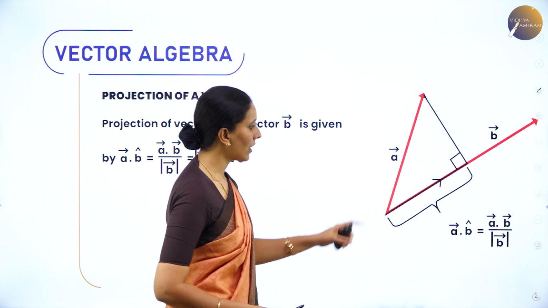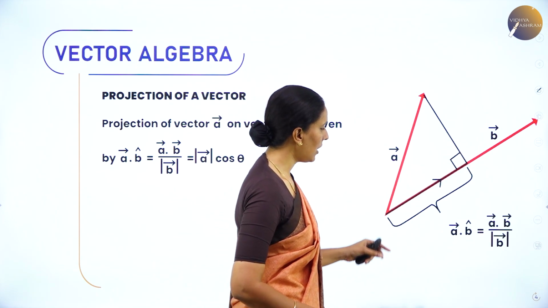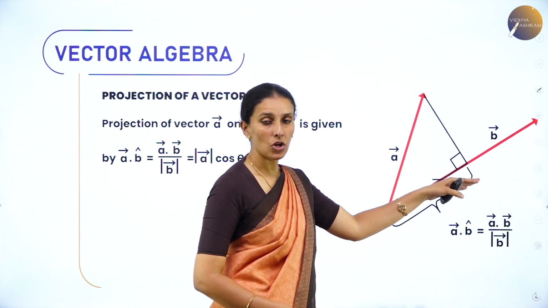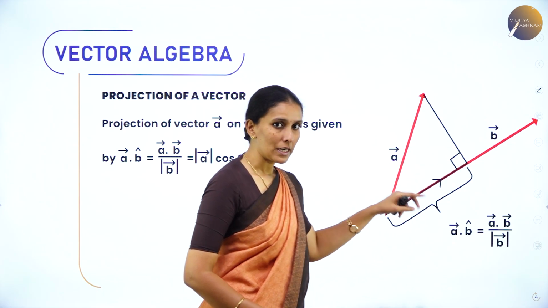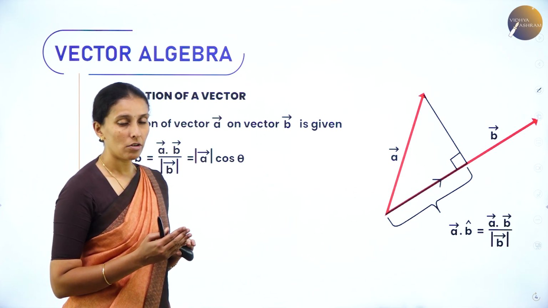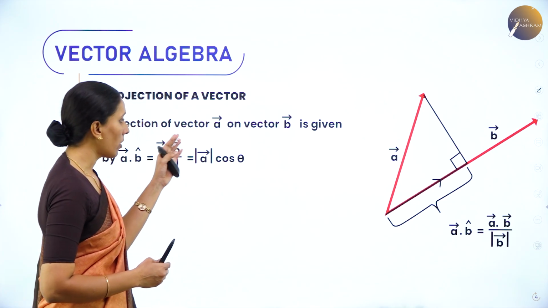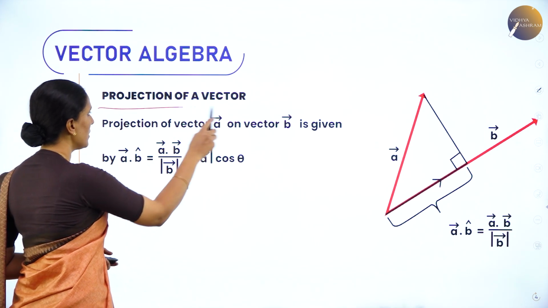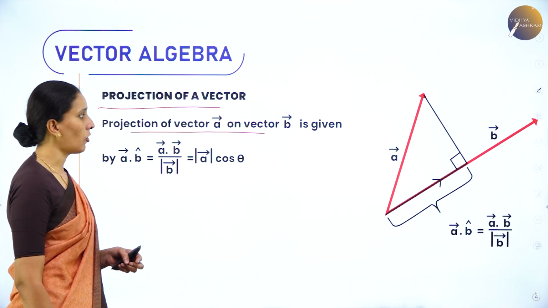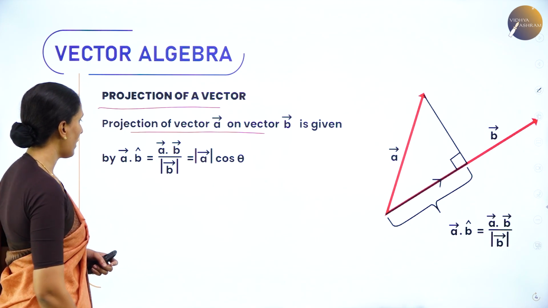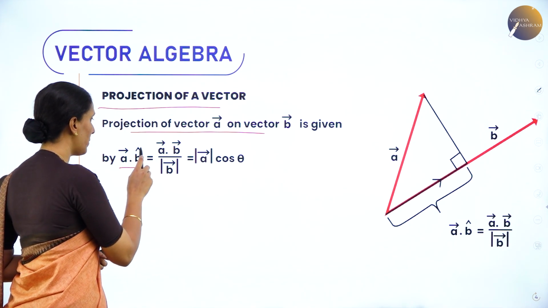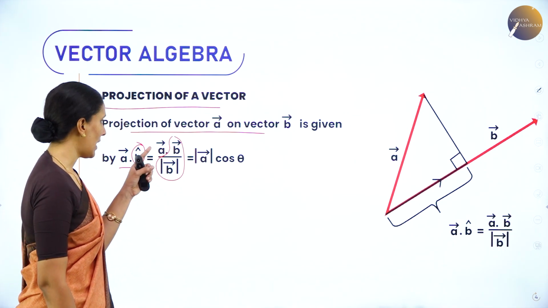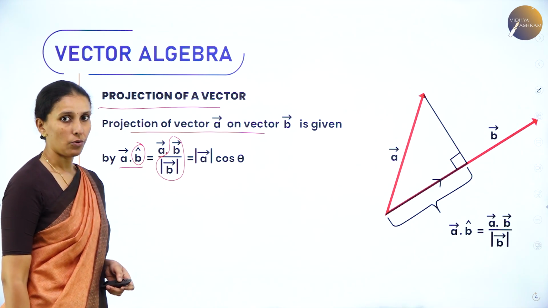Now here we are considering vector B instead of line L. So if we want to find out the projection of vector A on vector B, then it is A dot B divided by magnitude of B. Similarly, if we want to find out the projection of B on A, it is A dot B divided by magnitude of A. So clearly from this we can see the projection vector of vector A on vector B is given by vector A dot B cap. So B cap is nothing but B divided by its magnitude, which can be written as A dot B by magnitude of B.